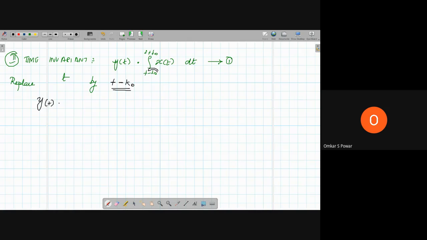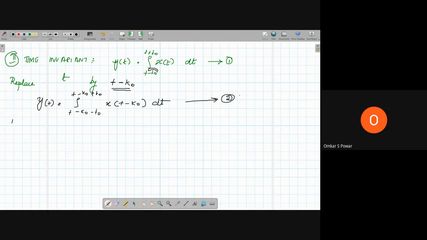So y of t is equal to integral, replacing t by t minus k naught: t minus k naught minus t naught to t minus k naught plus t naught, x of t minus k naught dt. This is our equation number 2.